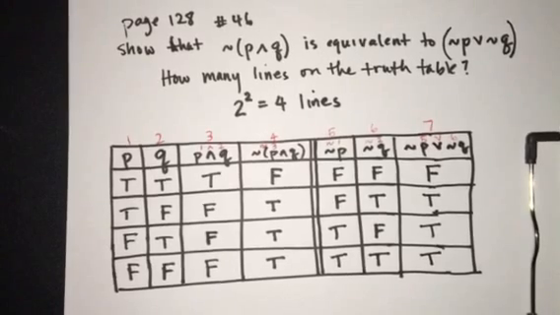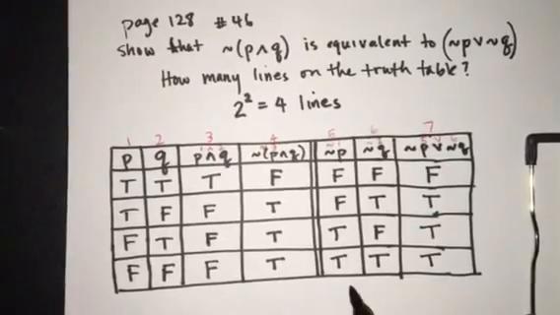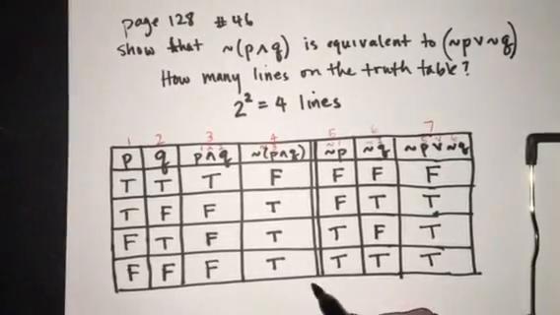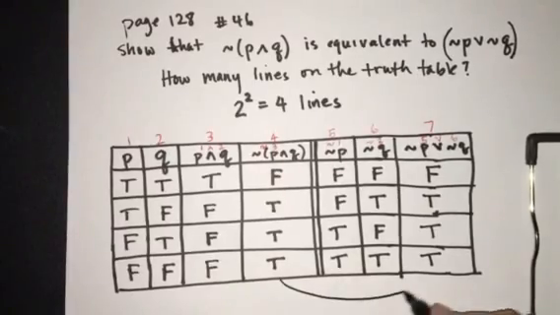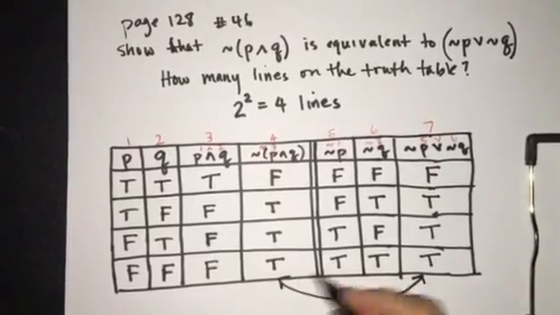Now, the problem on this 46 said show that one statement is equivalent to another statement. Make sure to finish this problem off by giving that conclusion. If you give just the truth table like this, you're going to miss points on the test. You have to say, look, column 4 is equal to column 7.